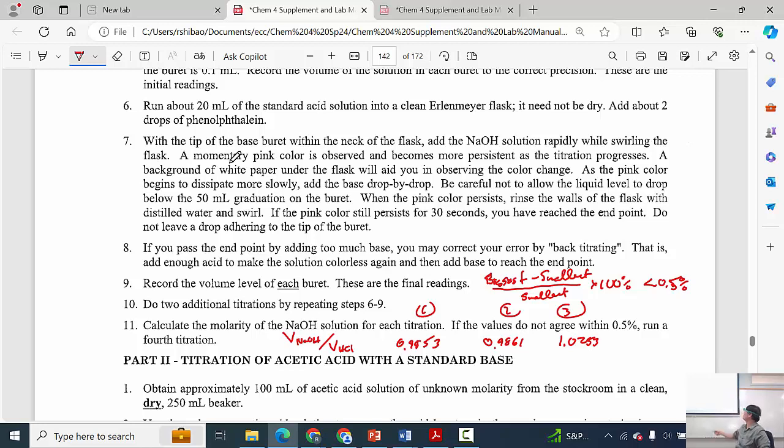If this is greater than 0.5%, then you need to do trial 4, and then pick the 3 best. You do a fourth one. All right, any questions?